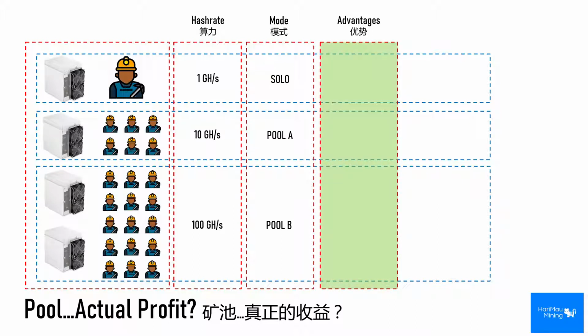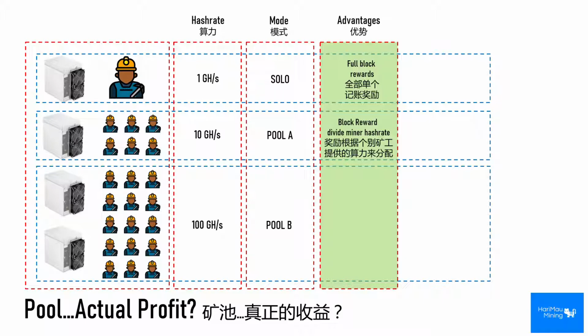What are the advantages of the different modes? The advantage for the first mode is that whenever the mining machine hits the block, the full block reward will be given to this person. For pool A, which is the smaller pool, the block reward will be divided according to the miner hash rate.